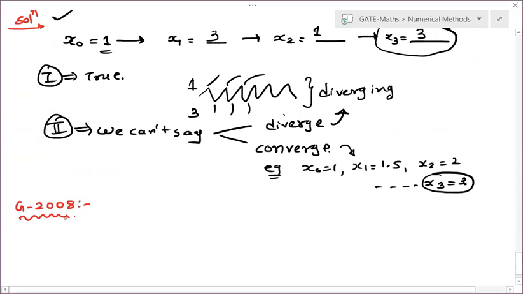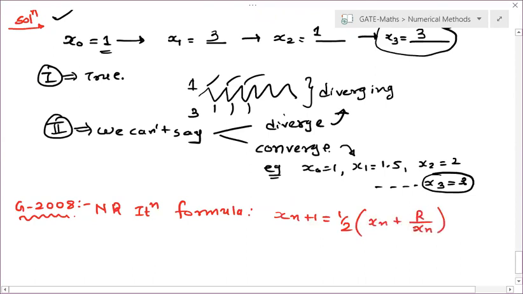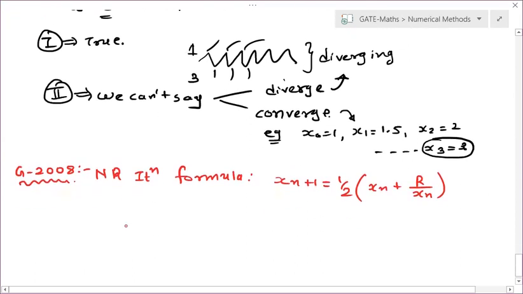The Newton-Raphson iteration formula is given to us: x(n+1) equal to 1/2 (xn plus r by xn). Compute the value of x.